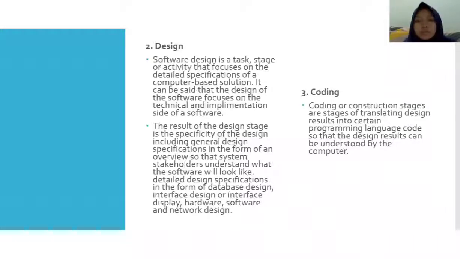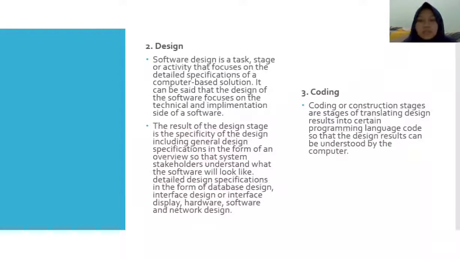The result of the design stage is the design specification, including general design specification in the form of an overview so that system stakeholders understand what the software will look like. Detailed design specification in the form of database design, interface design or interface display, hardware, software, and network design.